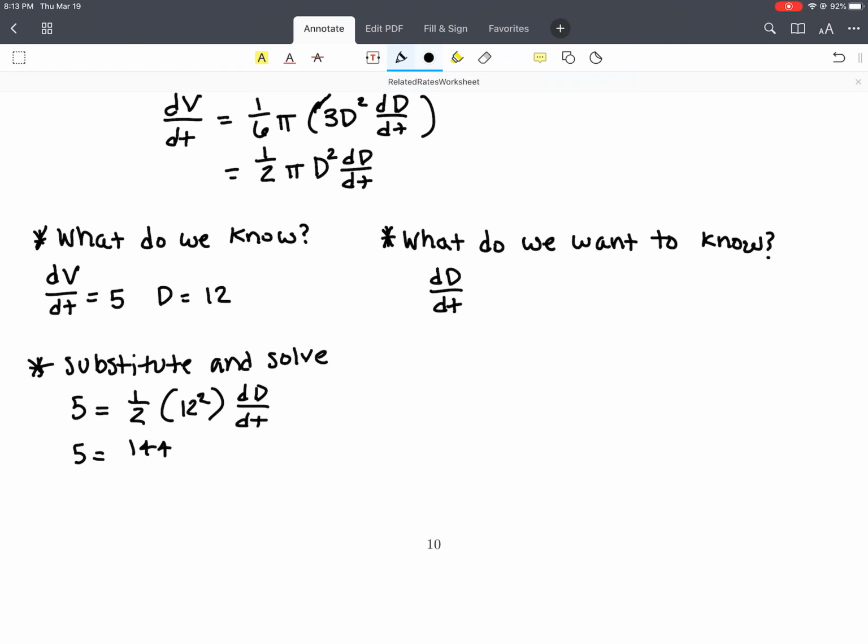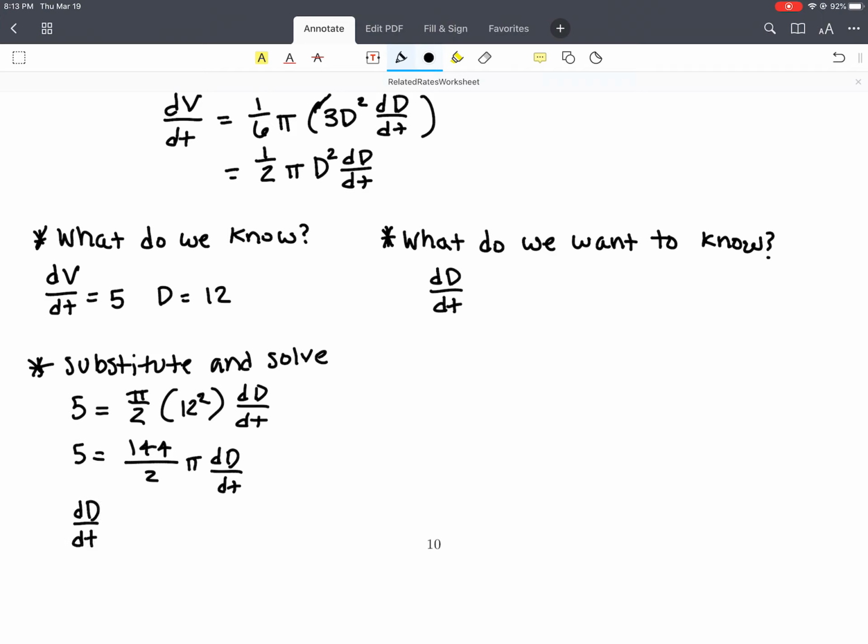I'll move that pi to make it even more clear. We'll say pi over 2. So 5 is equal to pi over 2 times 12 squared times dd dt. So 5 is equal to 144 over 2 times pi times dd dt.